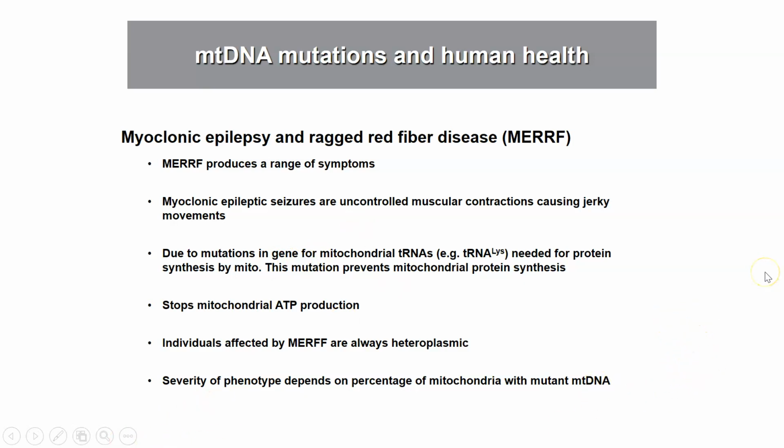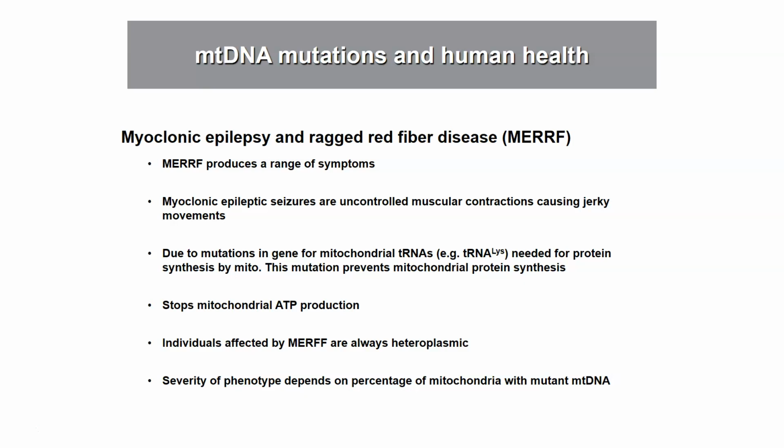This disorder is due to a mutation in the gene for mitochondrial tRNA. The mutation is always null, wiping out mitochondrial protein synthesis. So this affects all genes encoding proteins in the mitochondria. It has a very drastic consequence, and that is it stops mitochondrial ATP production.